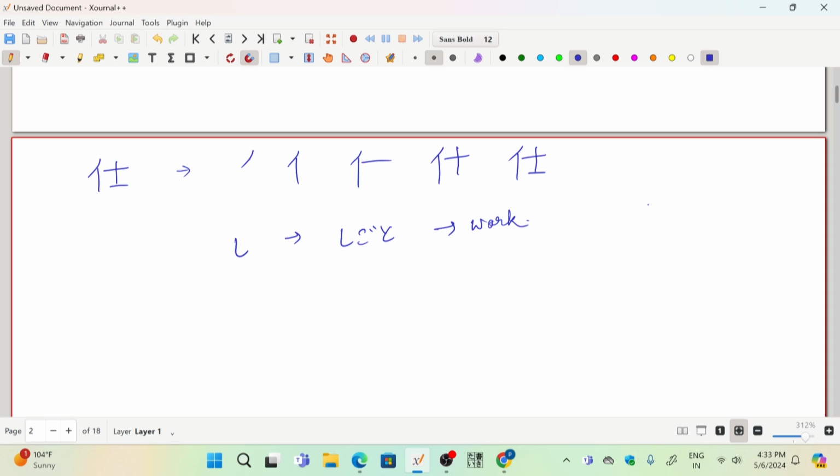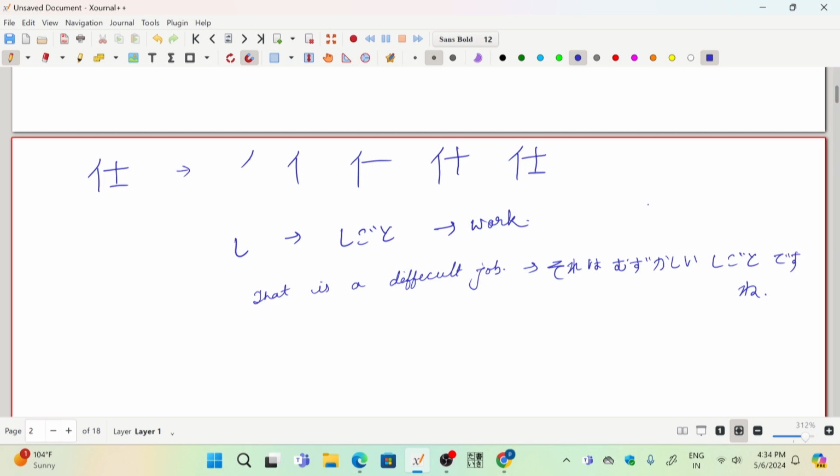So we can say that is a difficult task or job. That is a difficult job. It will be Sorewa muzukashii shigoto desu ne.